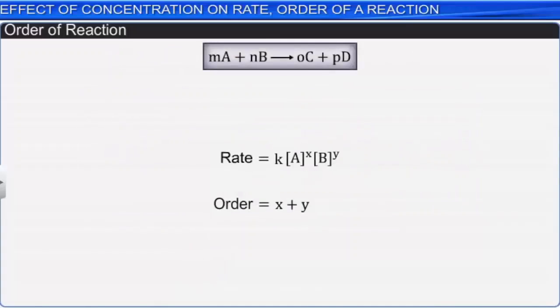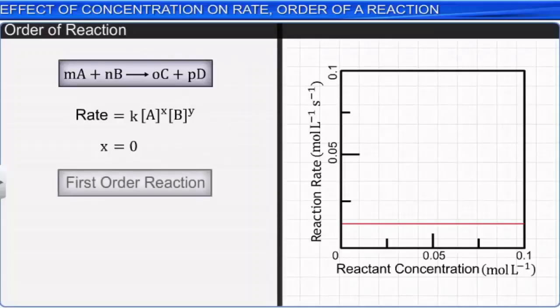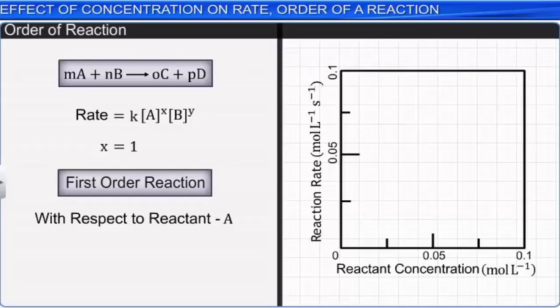Thus, the order of the reaction gives the mathematical relation between the reaction rate and the reactant concentration. If x is equal to 0, then it is a zero-order reaction with respect to reactant A. Similarly, if x is equal to 1, then it is a first-order reaction with respect to reactant A, and so on.